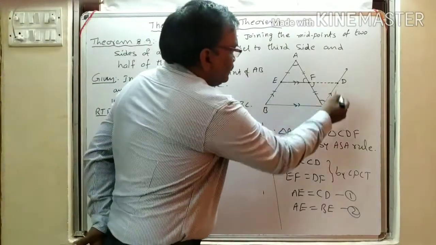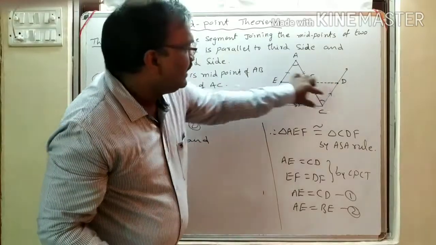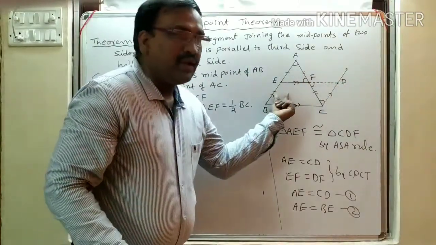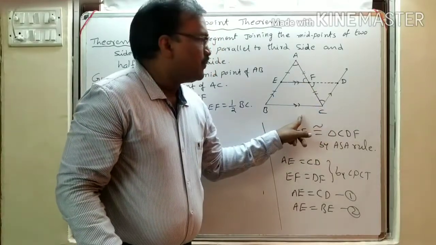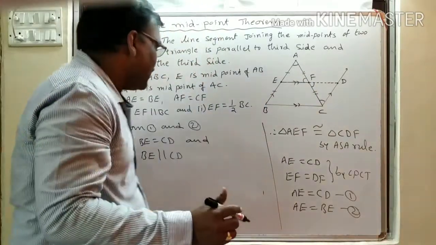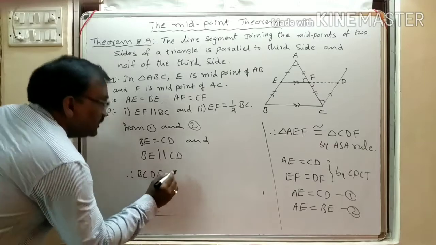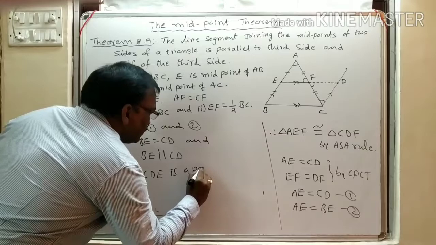In quadrilateral BCDE, BE is equal to CD and BE parallel to CD. So in a quadrilateral, one pair of opposite sides are parallel and equal. Then that is a parallelogram. Therefore, BCDE is a parallelogram.